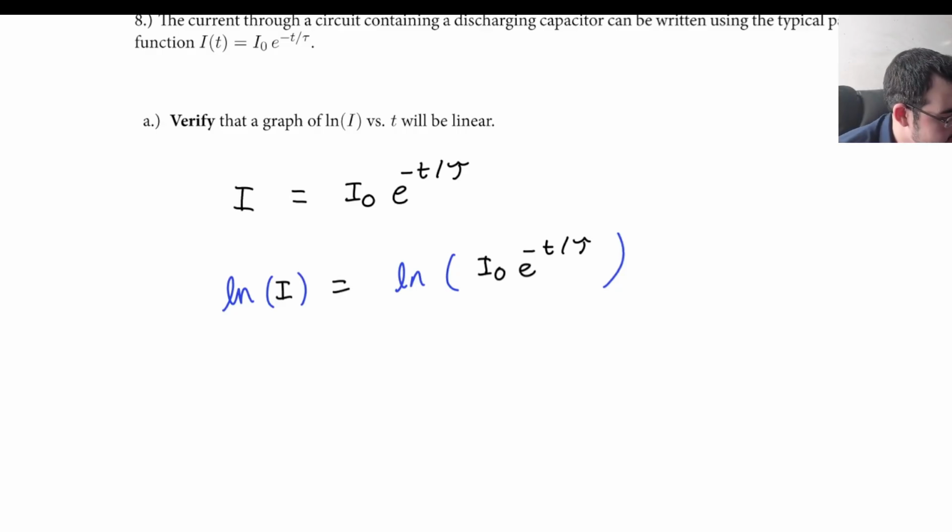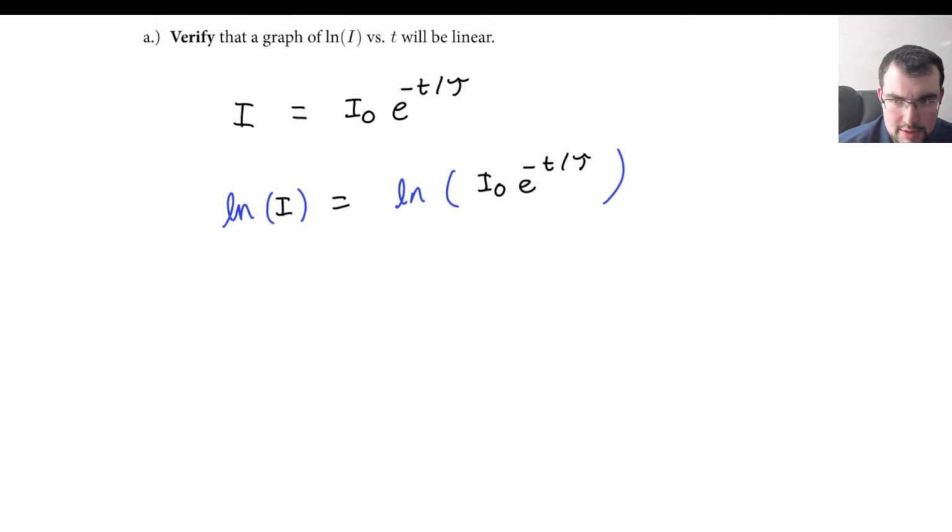So this is the first mistake. The first mistake people make is they do this. You can only cancel ln and e if they touch. So we actually have to use the product property of logs. Just like you can turn subtraction into division, you can turn addition into multiplication and vice versa.